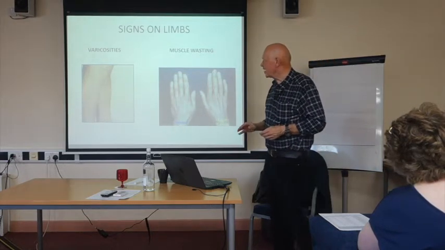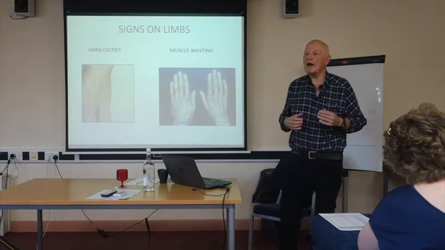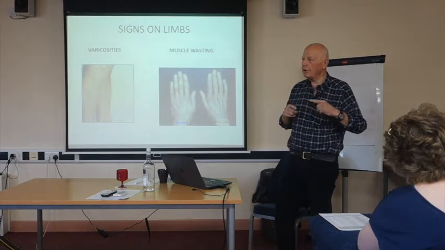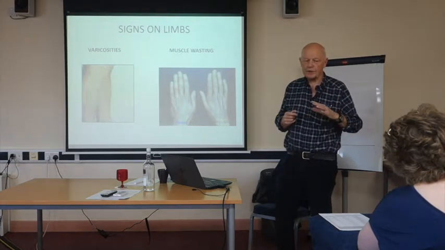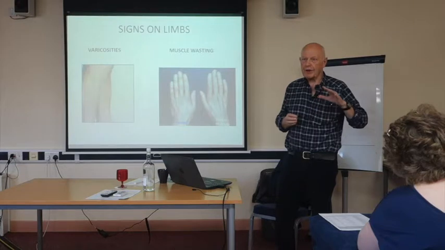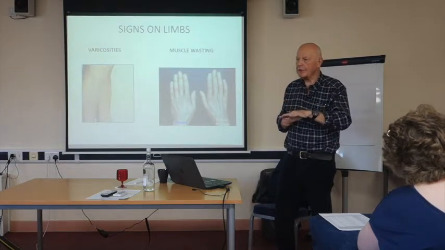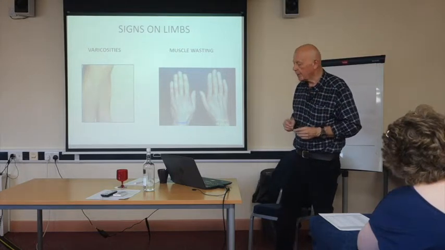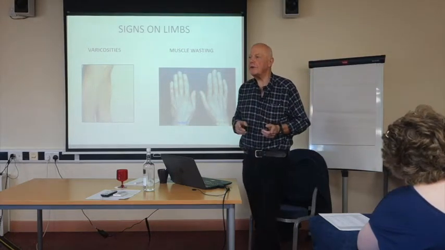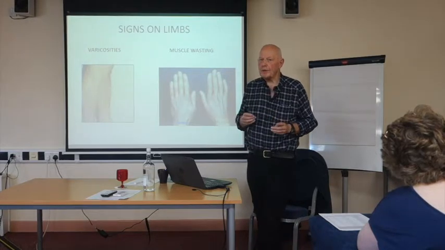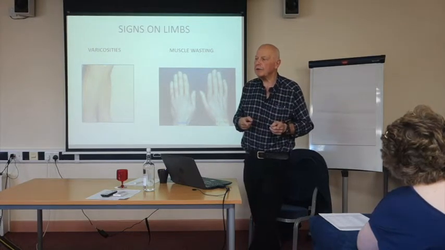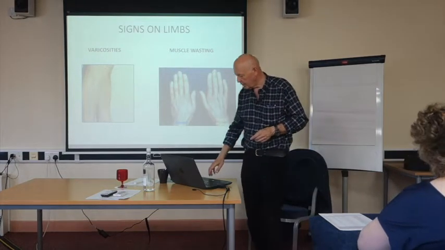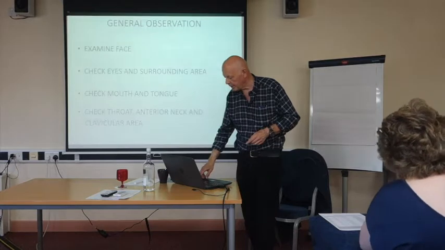Also, unusual hair growth, rashes, ulcerations, anything out of the ordinary is worth following up on, and just checking with the patient that they've not just sat there and ignored it, that it's being investigated and dealt with. It may not be related to why they've come to you, and it may not mean that you can't treat them for something else, but it really ought to be drawn to their GP's attention to have it dealt with.